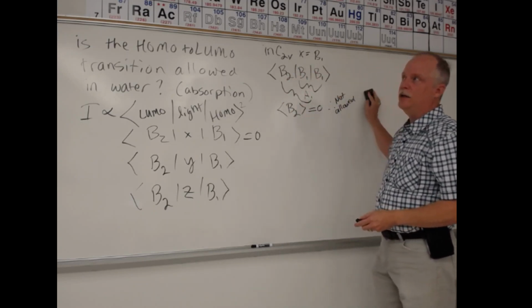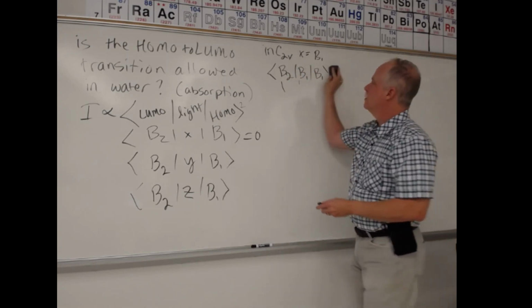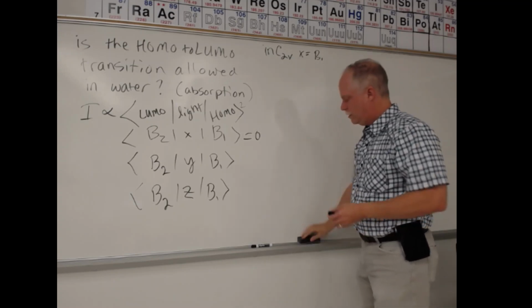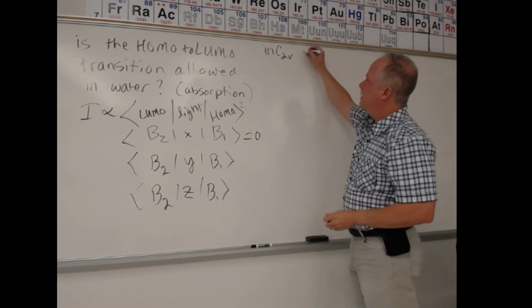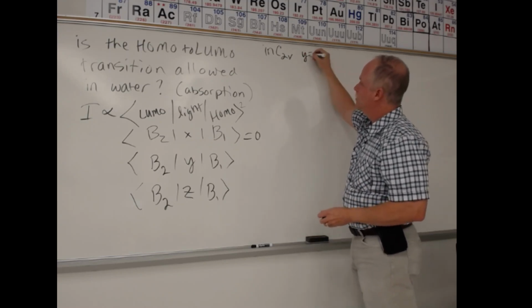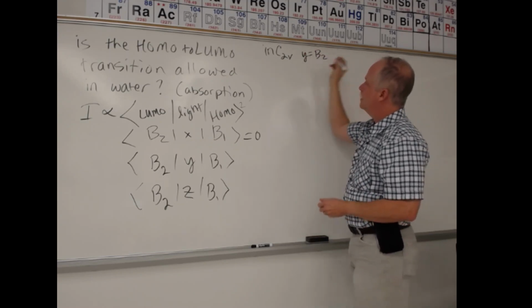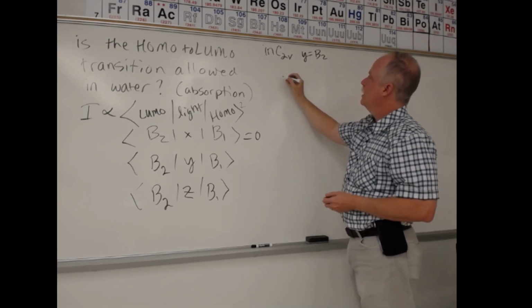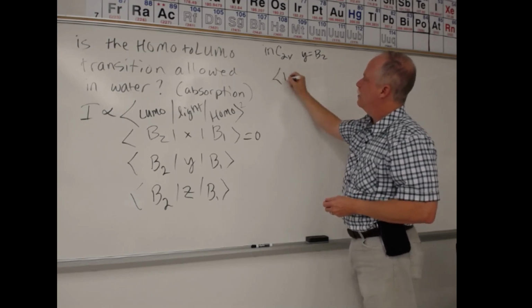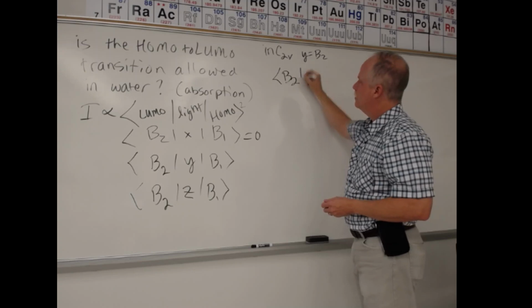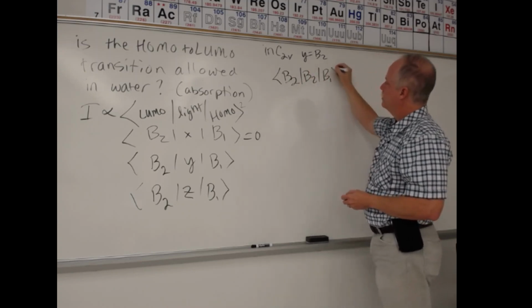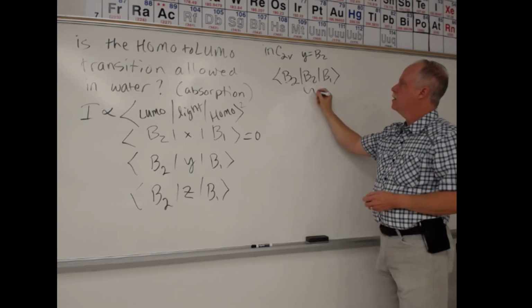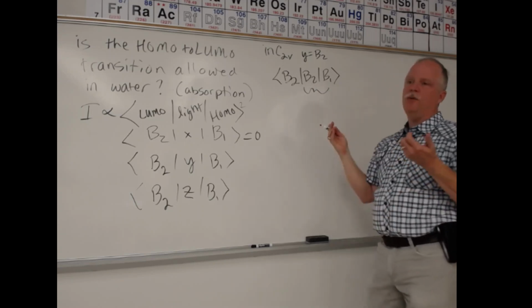I'm going to go ahead and erase. So in C2V, Y is equal to B2. And so then we have B2, B2, and B1. All right, B2 times B1. I don't know that one.